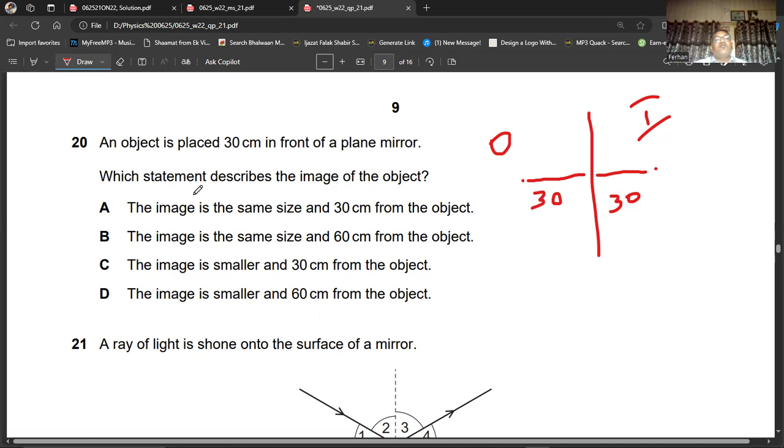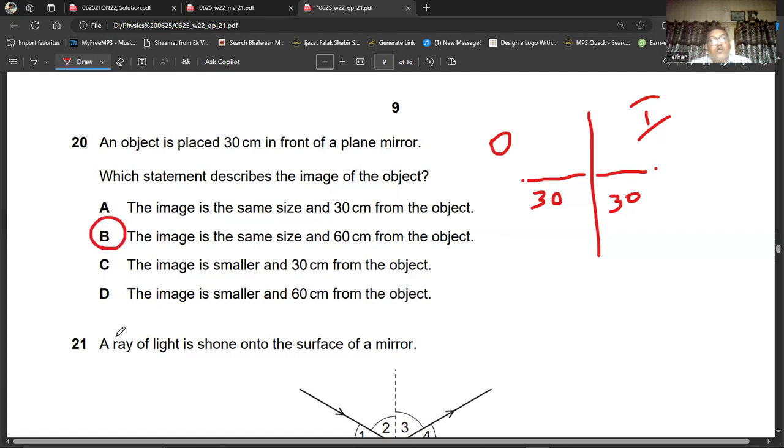Which statement describes the image of the object? The image is the same size, that's true, and 30 centimeter from the object. No, from the object it is not 30. From the mirror it is 30 centimeter behind. The image is the same size and 60 centimeter from the object. Yes, from the object the distance of the image is 60 centimeter. The image is smaller?